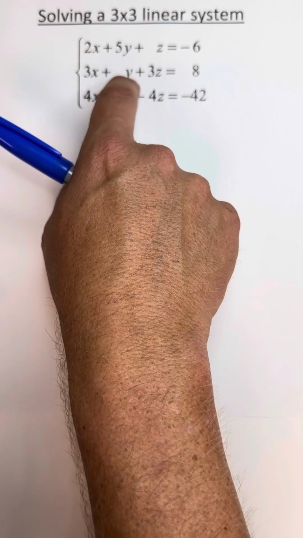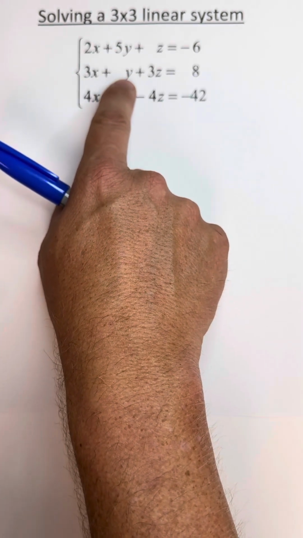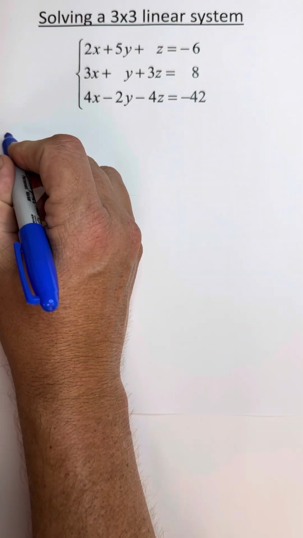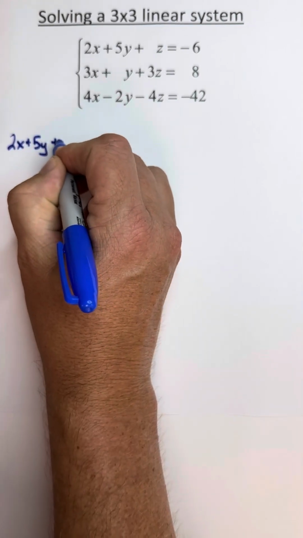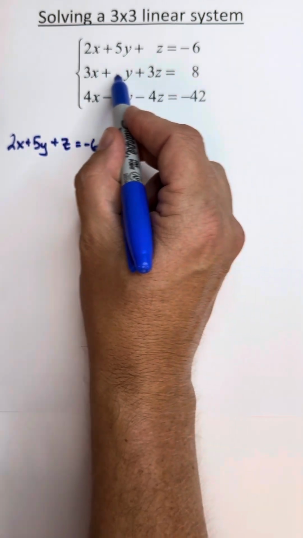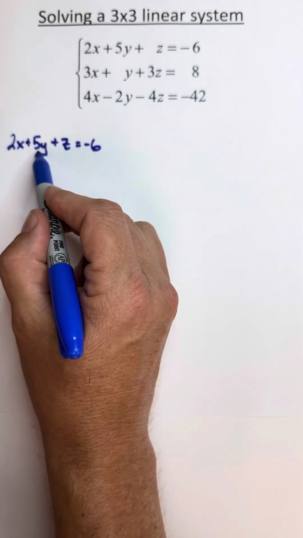So I'm going to begin by taking the top two equations, and I'm going to try and cancel the y's. So the top equation, let's just rewrite it down here. That is 2x plus 5y plus z equals -6. Now I'm going to have to take this middle equation and make this y a -5 to cancel that +5.